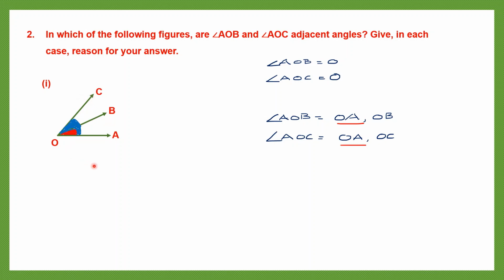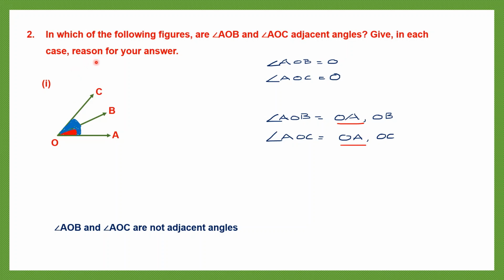It should have been on the opposite side. So the third property, which says that in adjacent angles the other arms of the angles should be on the opposite sides of the common arm, is not true here. So in that case, angle AOB and angle AOC are not adjacent angles. Let's write it down. Angle AOB and angle AOC are not adjacent angles.